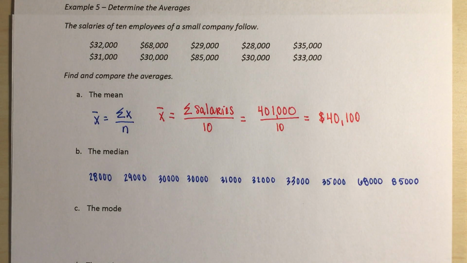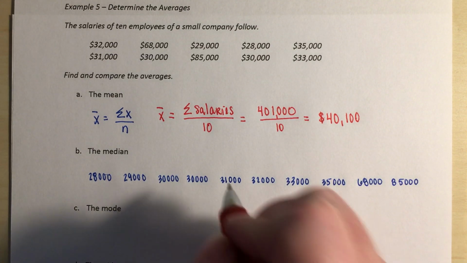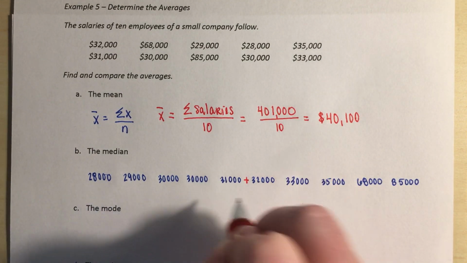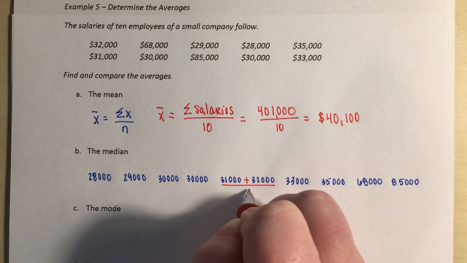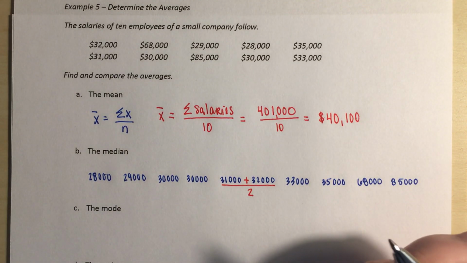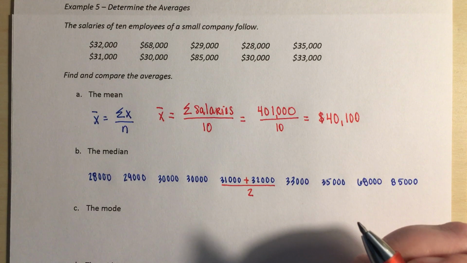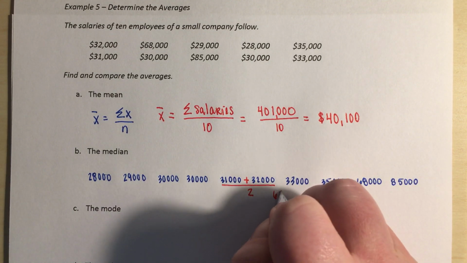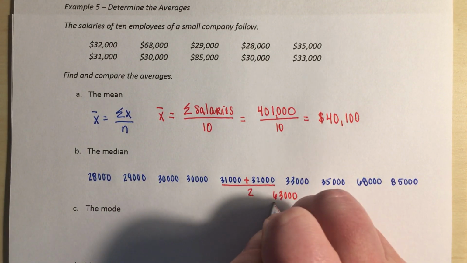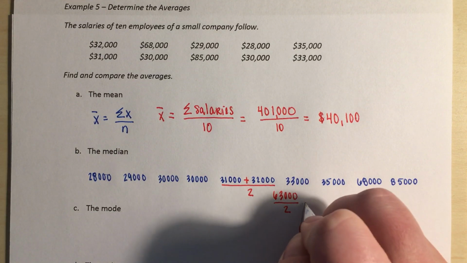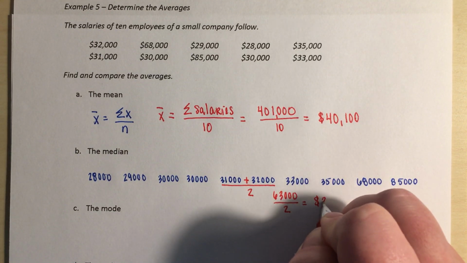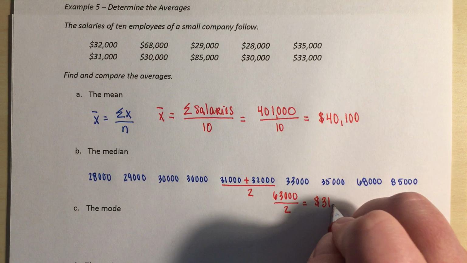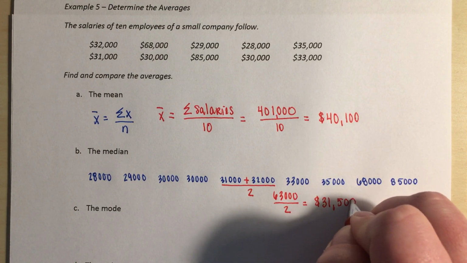Right, so we've ranked our data from smallest to largest. We have 10 data values, so we have an even number. So we are going to add our 2 middle values and then divide by 2. So if we add 31,000 plus 32,000, that gives us 63,000 divided by 2. That gives us a median of 31,500.